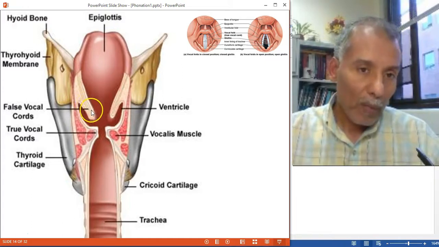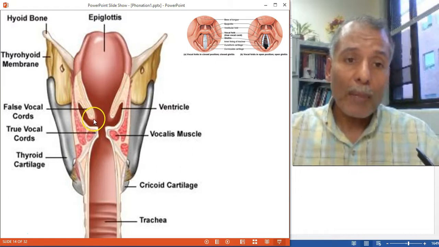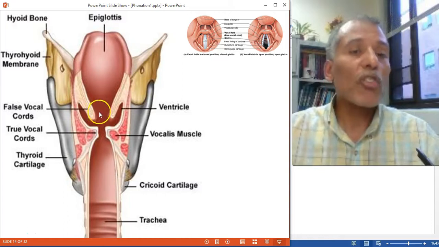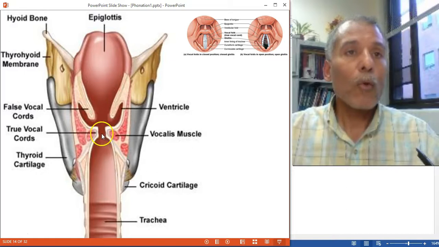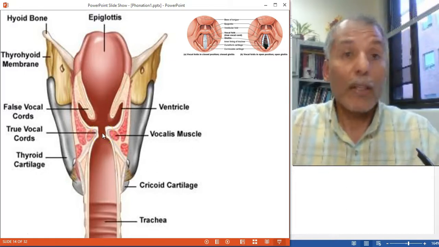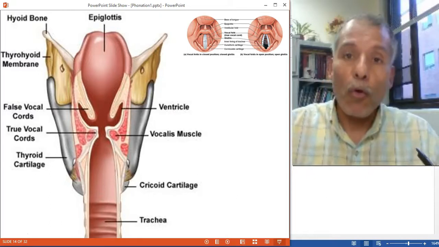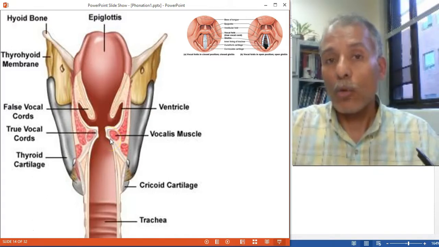These are extensions of tissue that come down, and they are called the false vocal folds, or the ventricular vocal folds. But for the real vocal folds, you do not have to describe them as the true vocal folds, unless you need to compare. If you say the vocal folds, that means you are speaking about the ones that vibrate to make speech.